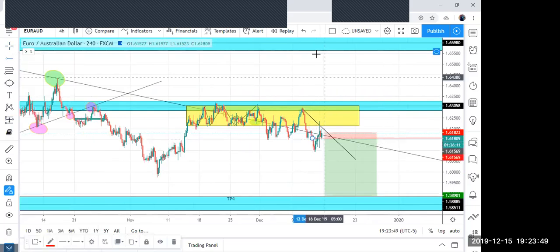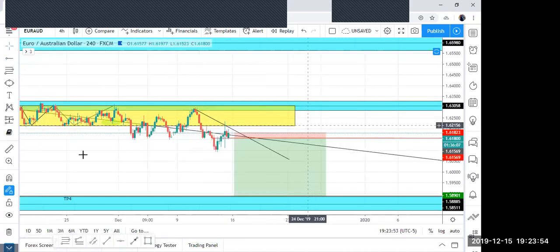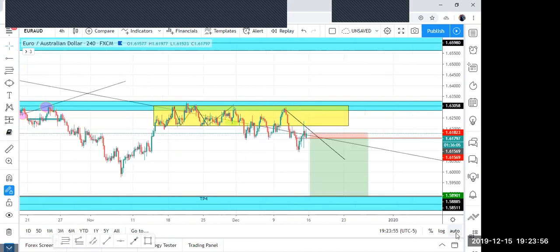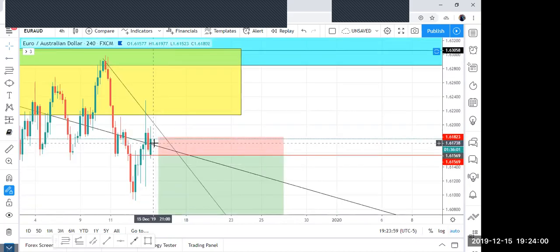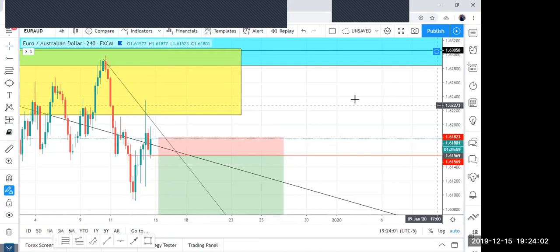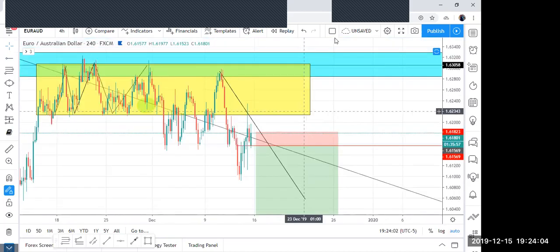That's provided the price closes below. I don't want to set a sell stop because the market just opened. I want to let it settle first, but I want to see where this candle actually closes at 9 o'clock. So EA.